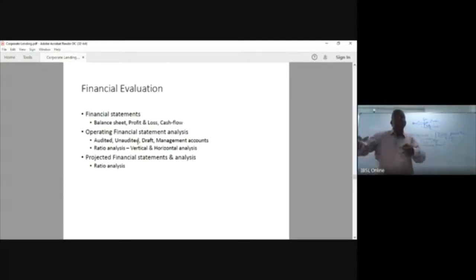There also you will do the ratio analysis and interpret the future. So that is the projected financial statement based on the operating financial statement of the past 3 years. Based on the projections only, you will decide the ratios and the repayment capacity. So that is financial statement evaluation.